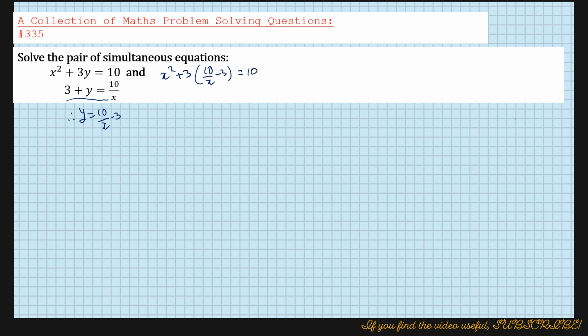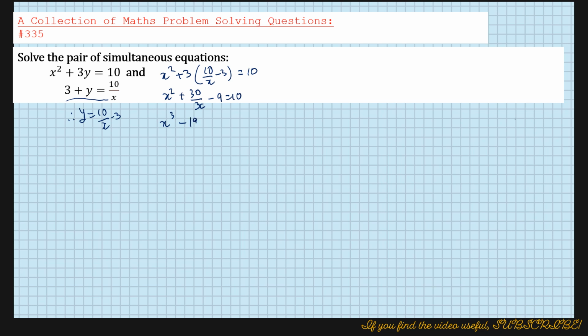So you have to simplify it, and you would get x squared plus 30 out of x minus 9 equals 10. If we multiply throughout by x, we would get x cubed, and minus 10 times minus 9 minus 10 is minus 19.